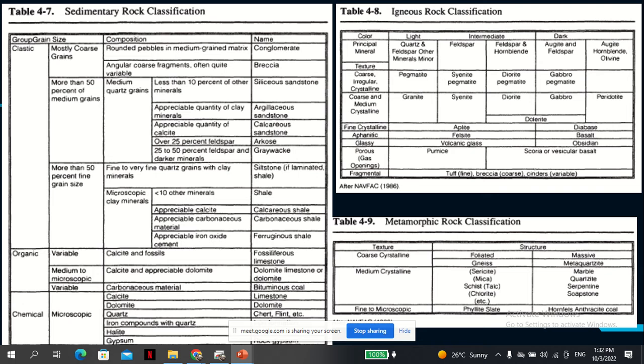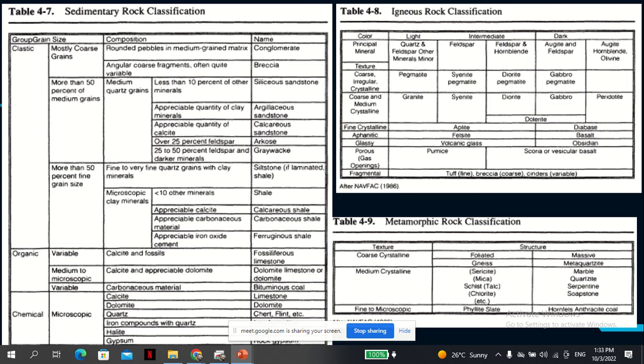Now you can see we have sedimentary rocks, the most problematic because these are closer to soil. From your geology, rocks have different modes of formation.